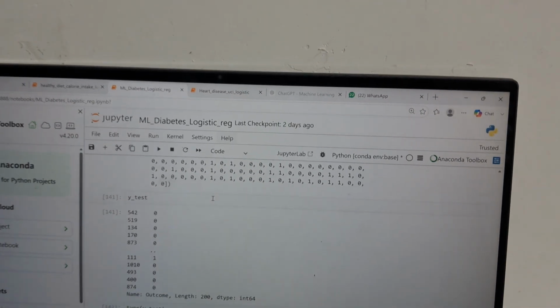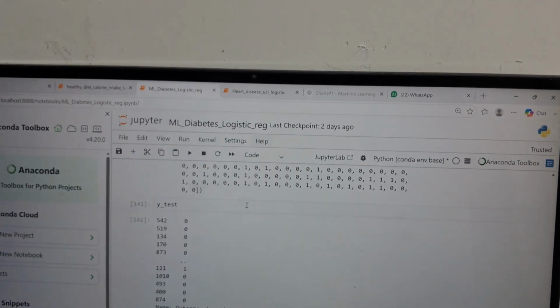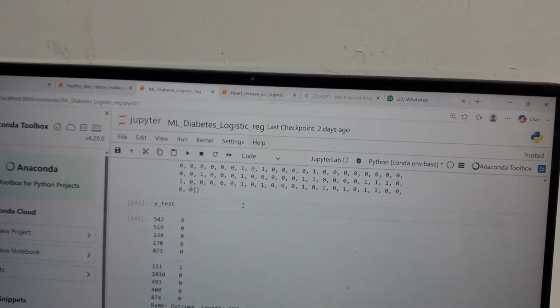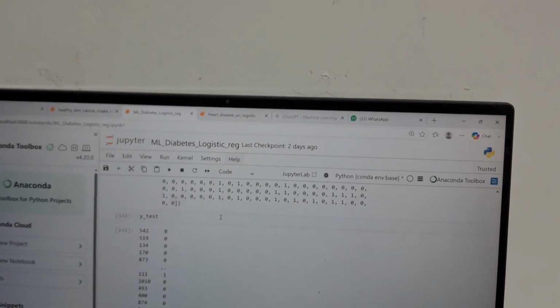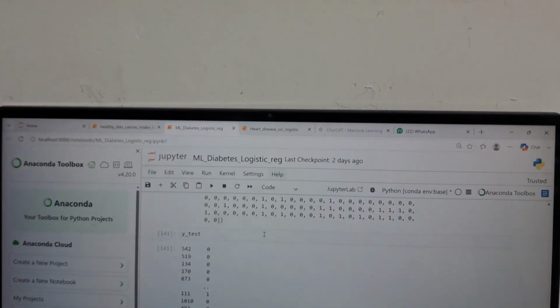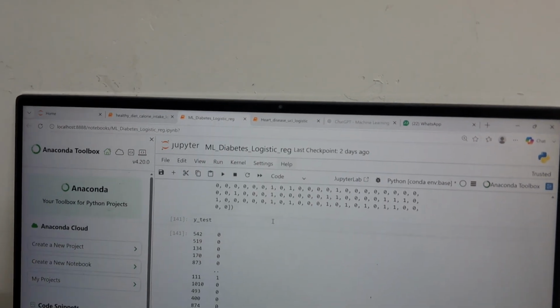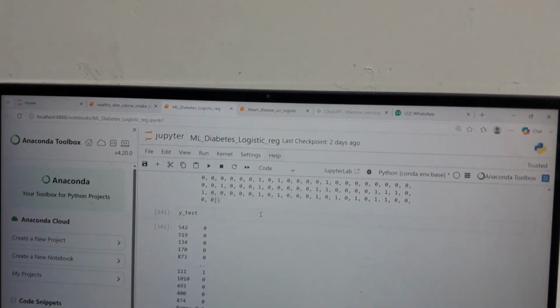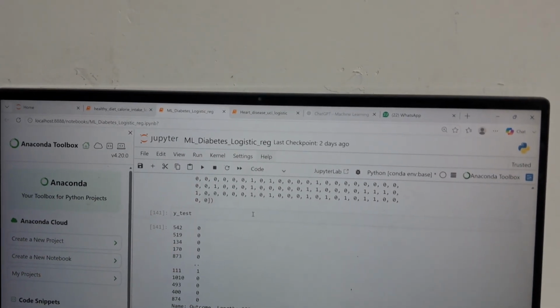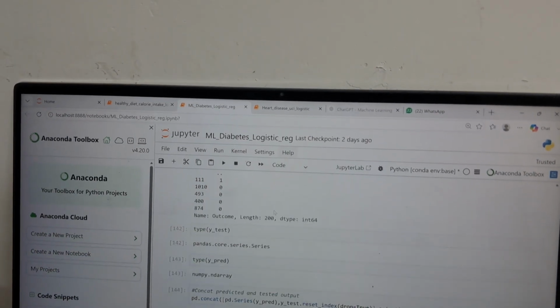Now our teachers will compare our written predicted answers with the original answer key. Our written predicted answer is y_pred, and the original answer key is y_test. They'll compare both answers and evaluate.